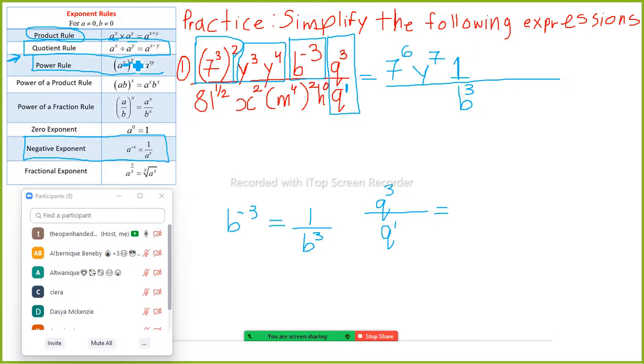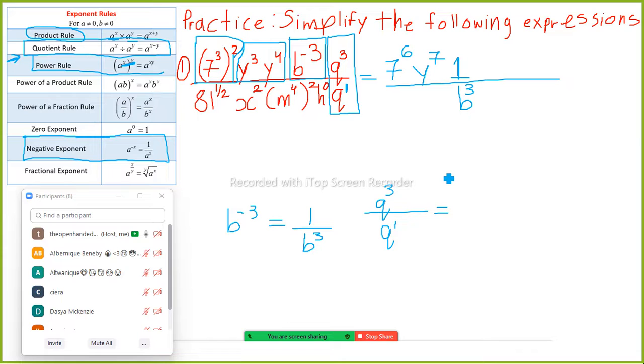If one is on the inside, one on the outside, we multiply the powers. If it's something like y to the third power, y to the fourth power, and they are the same base, we add the powers. But here we are only dealing with one base, and we have an exponent on the inside and one on the outside, so we multiply the powers. 3 times 2 is 6. Okay. Is that clear, Altonique? You understand why we multiply them? Yes, sir. Okay.